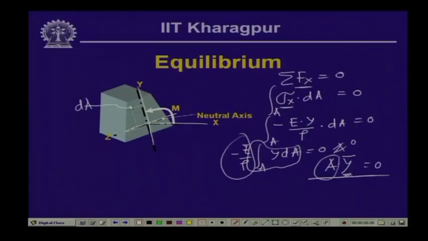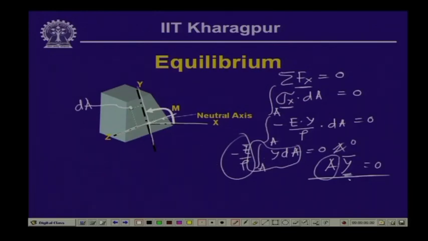This can happen if the centroid of the cross section matches with the origin, then only the y bar of the whole area is equal to 0. This signifies that the z axis must pass through the centroid of the beam.